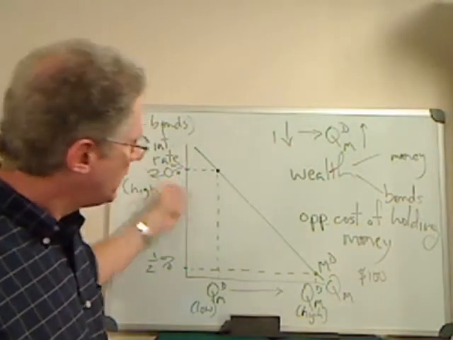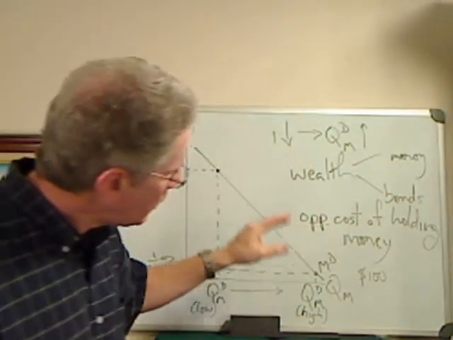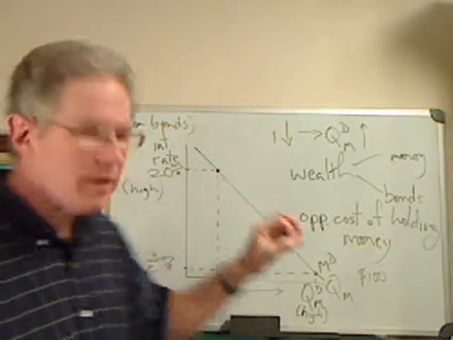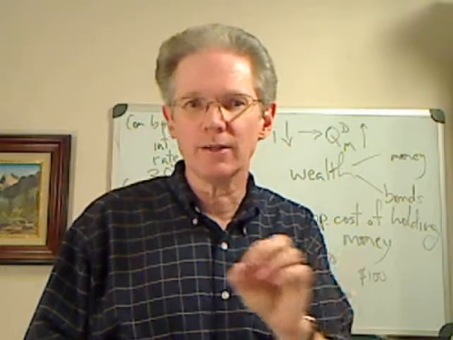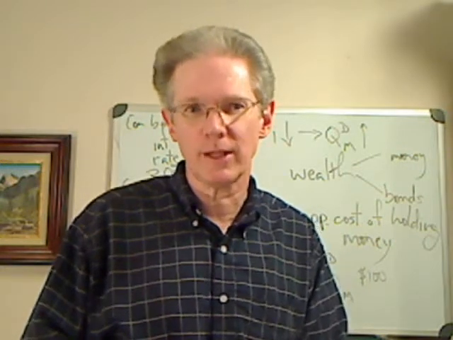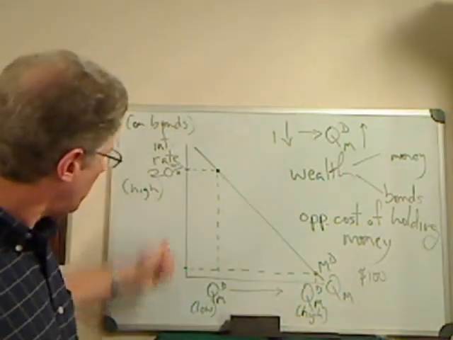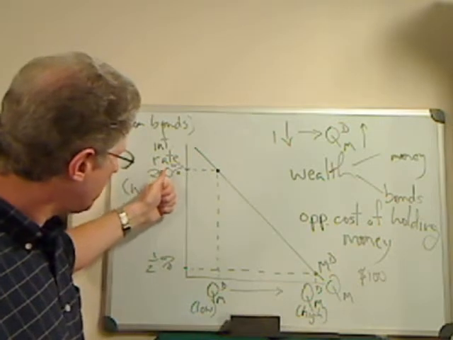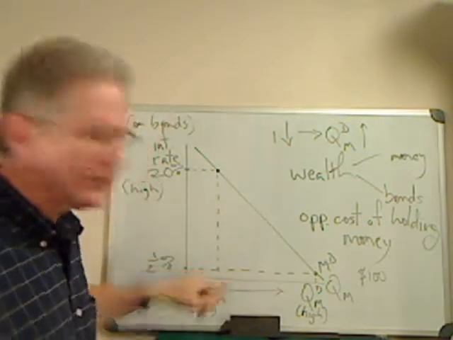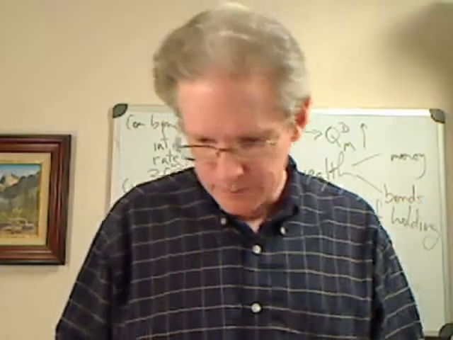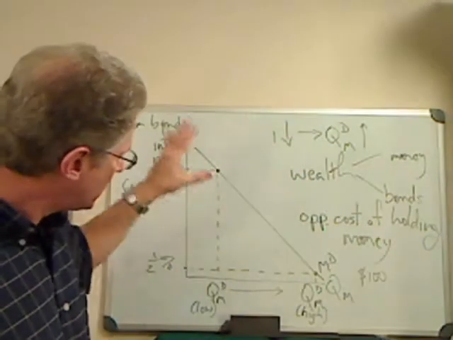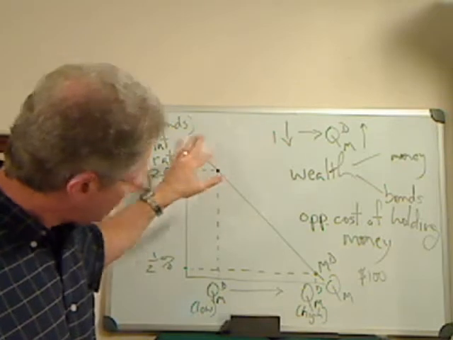If you hold $100 of your wealth as money for a year, it has cost you $20 of interest that you could have received. When the opportunity cost of holding money goes up, people choose to hold less money. That's the idea there. So we've now explained the reason for the negative slope of the money demand curve.